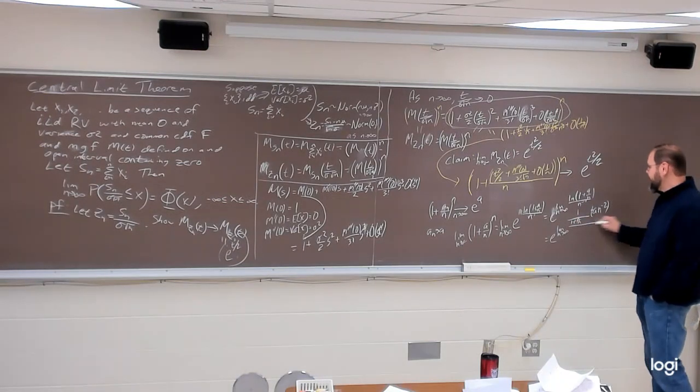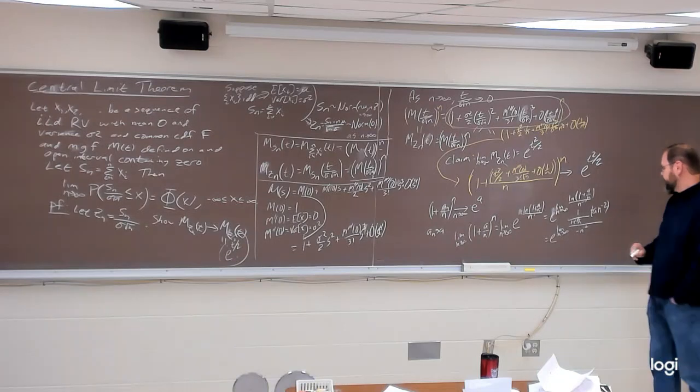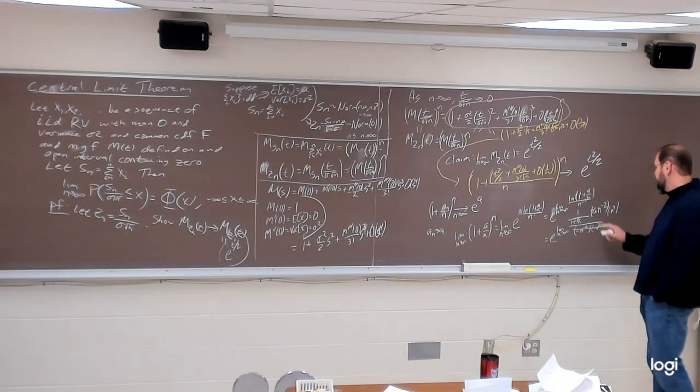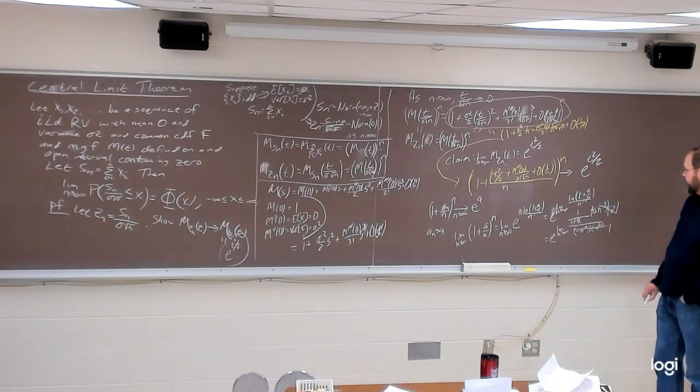Okay. And the denominator, when I take the limit, will be negative n to the negative 2. So I'm just going to multiply the numerator and the denominator by negative n squared. That gives me a 1 in the denominator. Those two things cancel out.